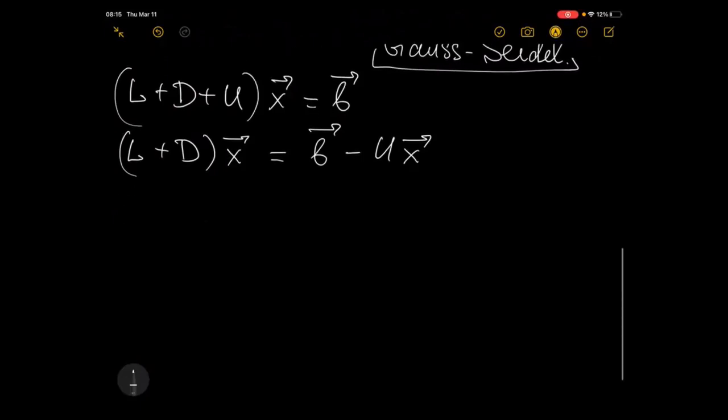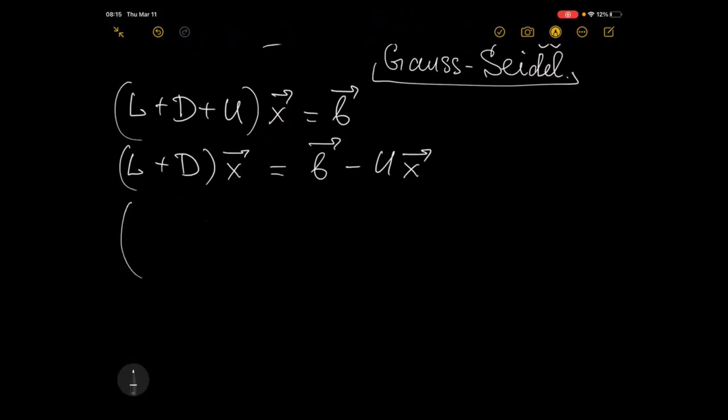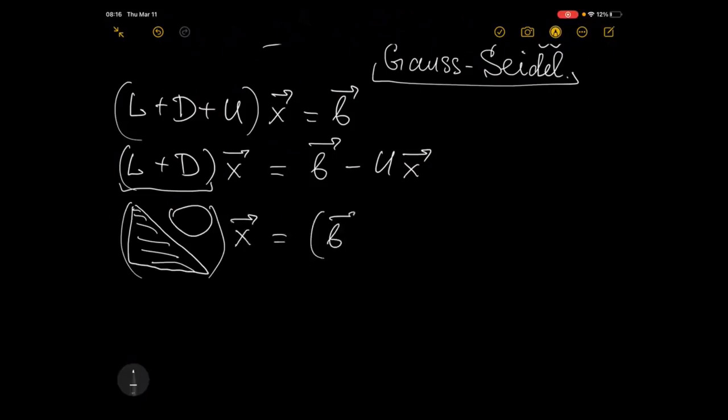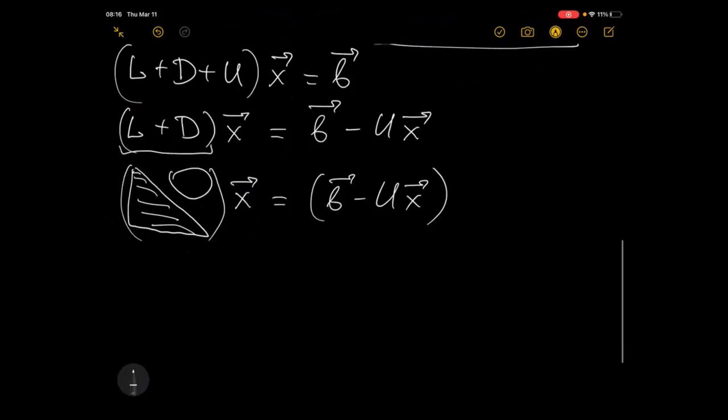Now, what form will this matrix have? It's essentially lower triangular form, zeros everywhere here, just like that, right? So now I can do the following.